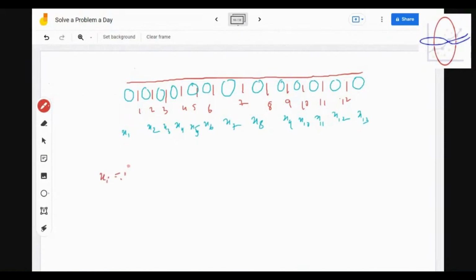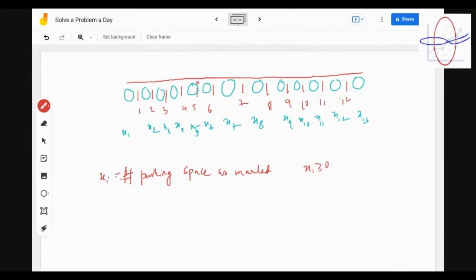xi is the ith variable, which counts the number of parking spaces between the cars, as marked. So there are 13 gaps, and a gap can be 0 also. xi is greater than or equal to 0. If it is greater than 0, then there's some space.